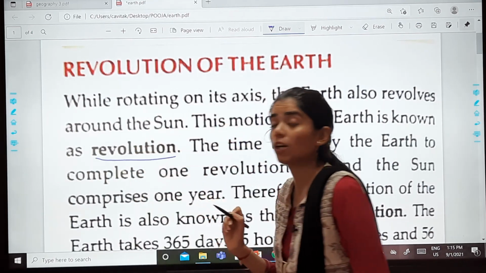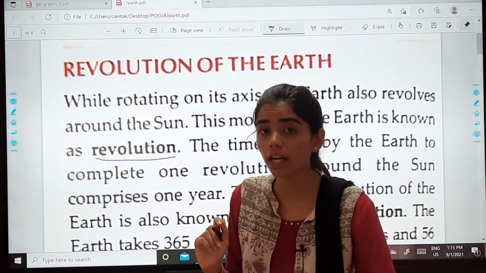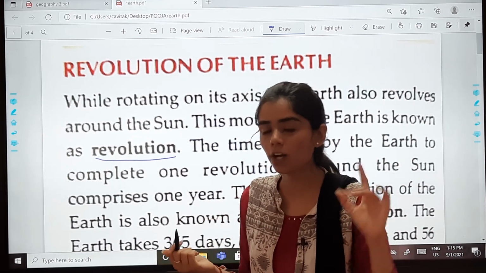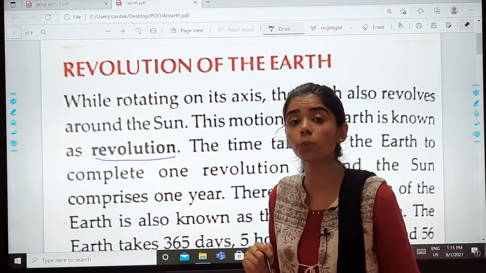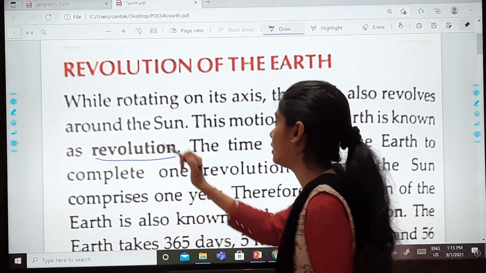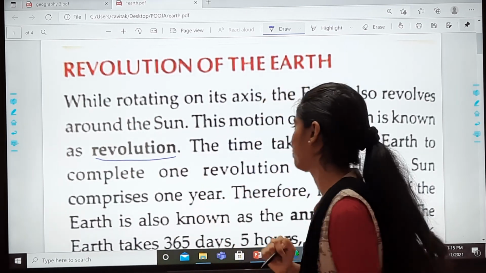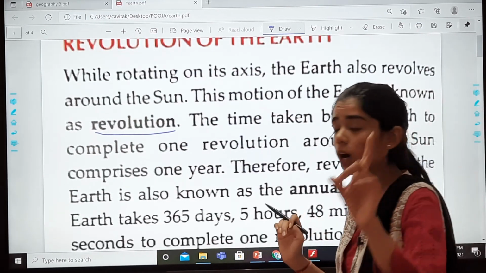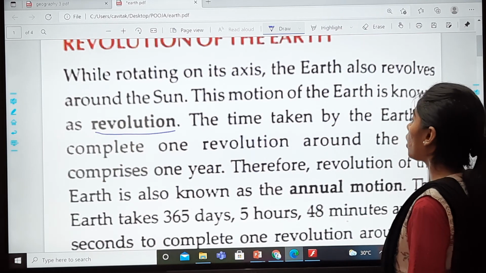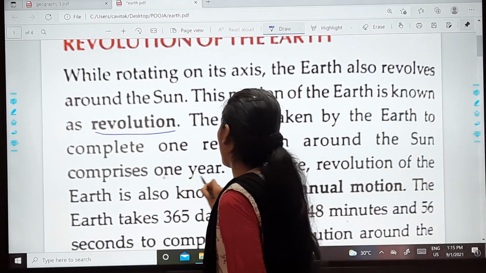That is, it also revolves around the sun. It revolves around its own axis, that was rotation, and it also revolves around the sun. That is your revolution. The time taken by the earth to complete one revolution around the sun comprises 1 year.